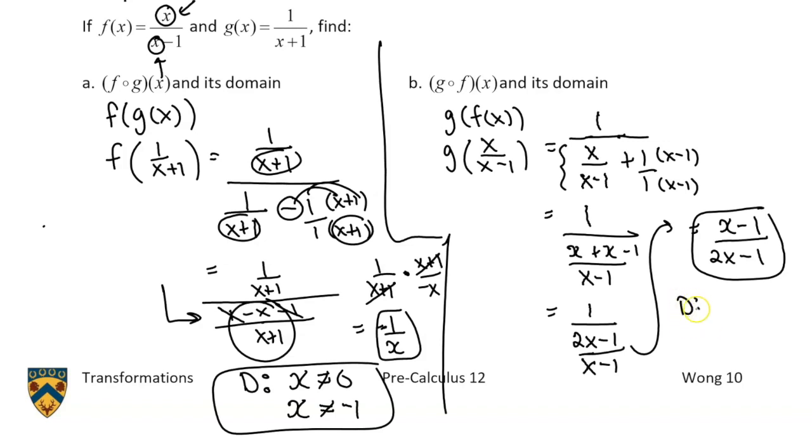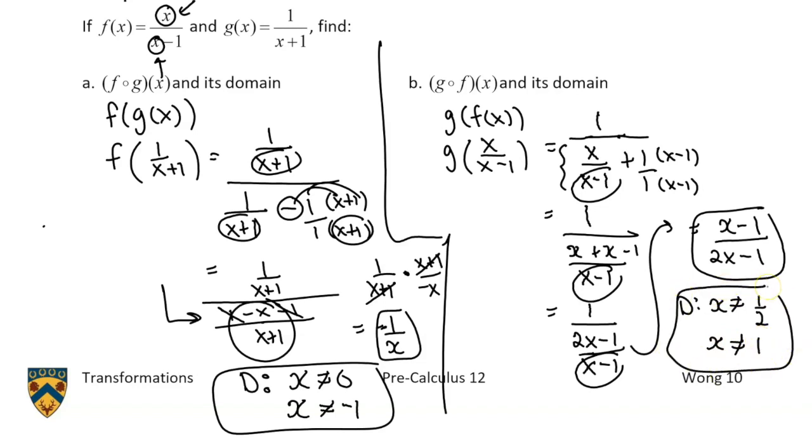So part of your domain would say x can't equal 1/2. And then you would also know that if you have these x minus 1s here, you could also say x can't equal 1, and both of those would be identified as your domain. So anywhere along the process, make sure you identify that too. And I know that's one of those concepts that sometimes separates some of the top marks from each other.